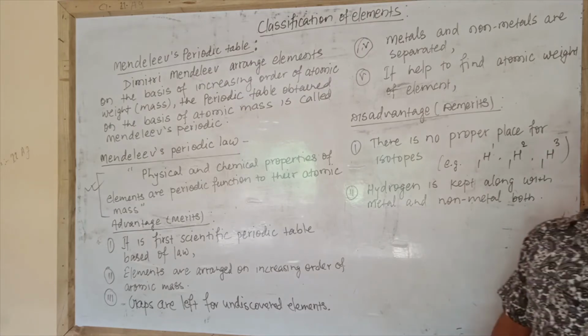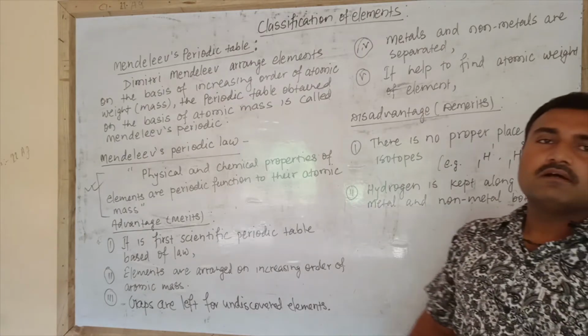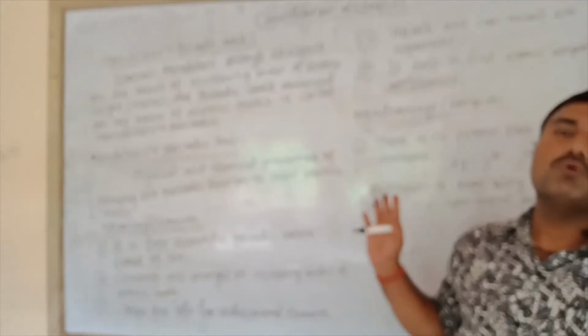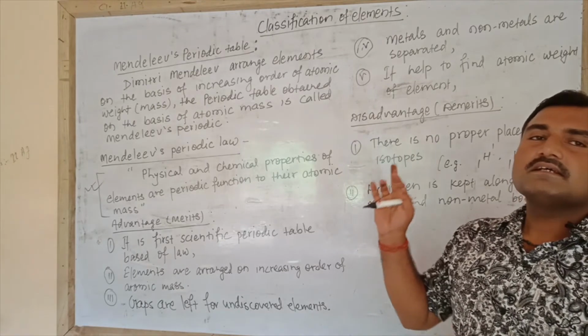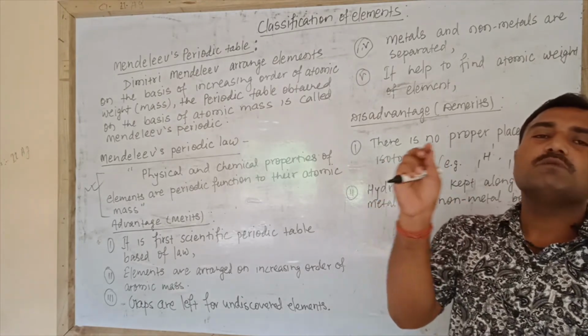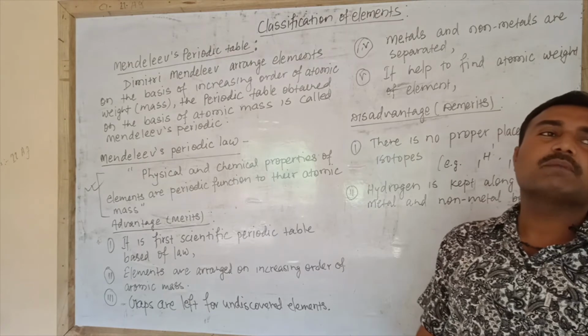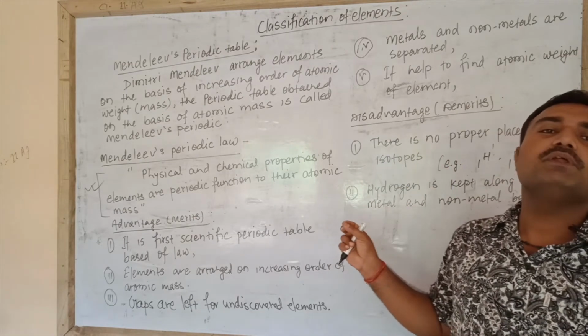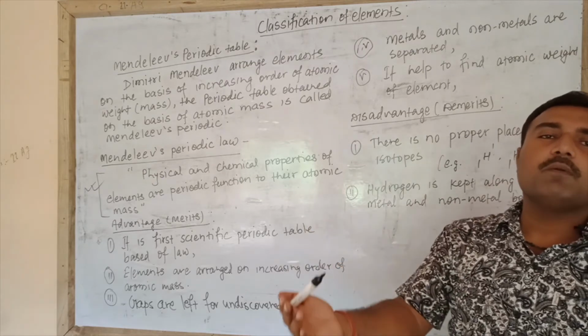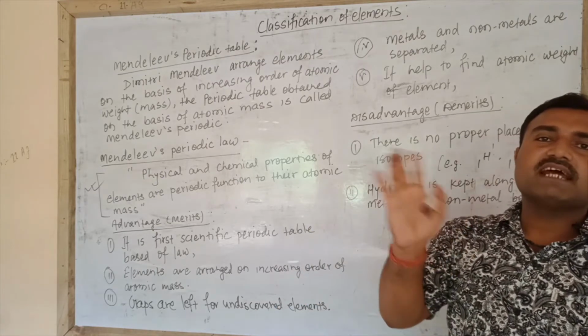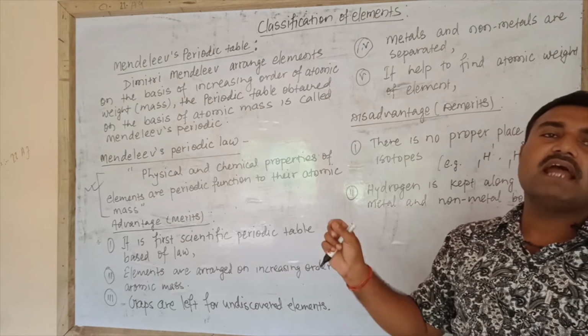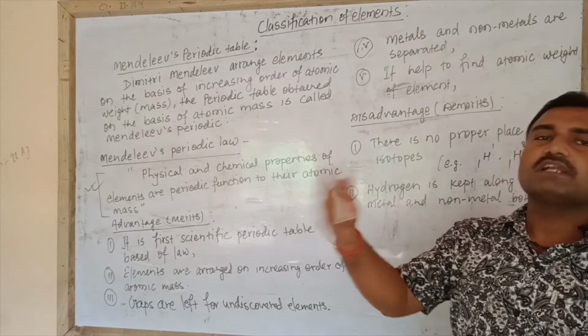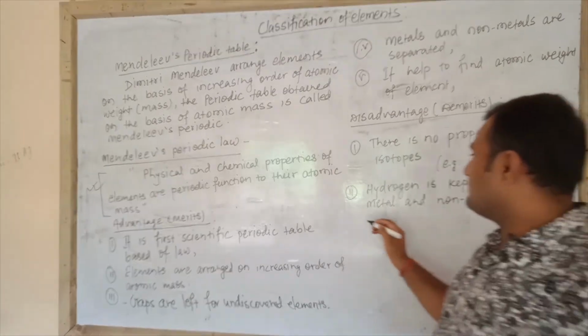Hydrogen is kept with both metals and non-metals, a single element kept in two positions, and therefore another disadvantage, a contradiction of the Mendeleev periodic table, is the position of hydrogen. Exactly where hydrogen can be kept is not explained in it.